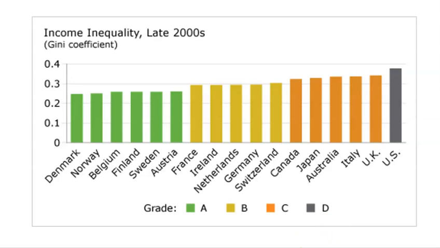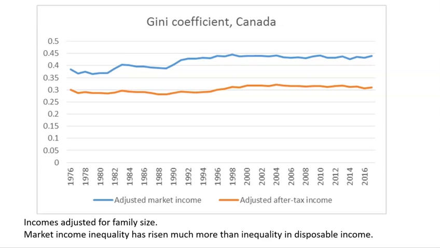All right, well, how has income inequality been changing in Canada? We can measure that using the Gini coefficient, and it's very important that we compare market incomes with after-tax incomes. This word adjusted here, by the way, means that when we're looking at incomes, we're adjusting for family size.